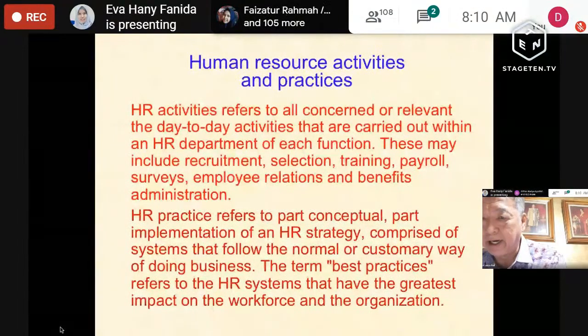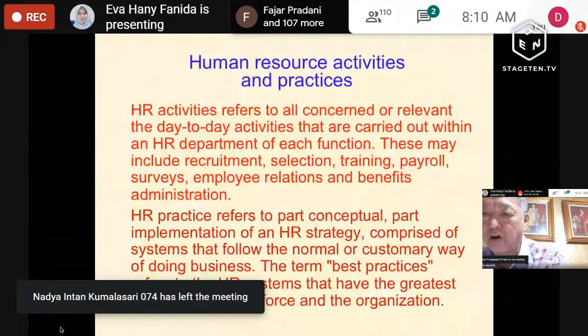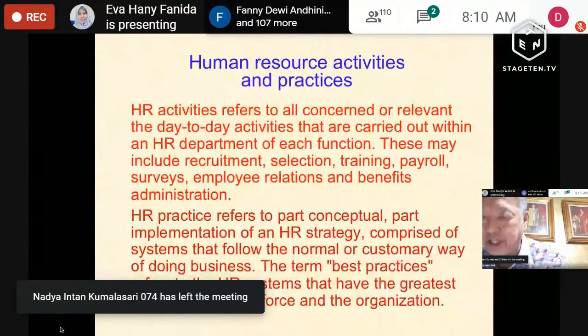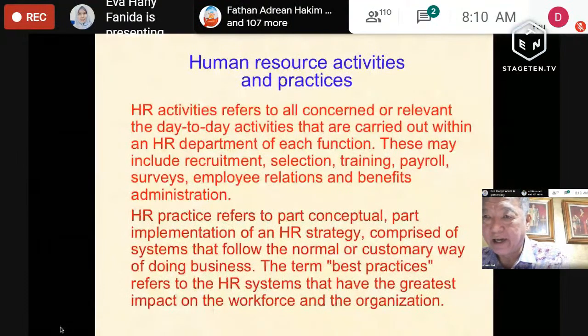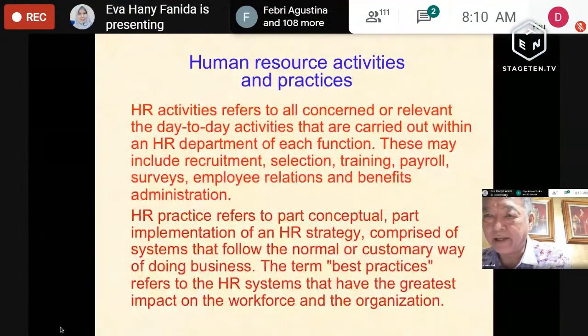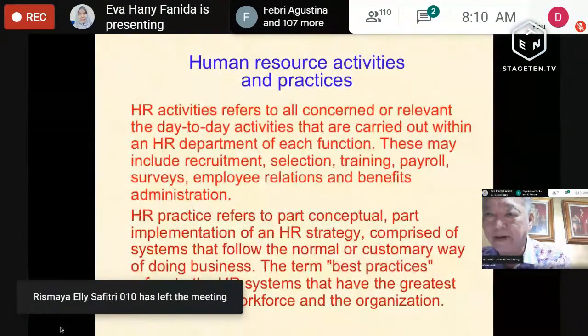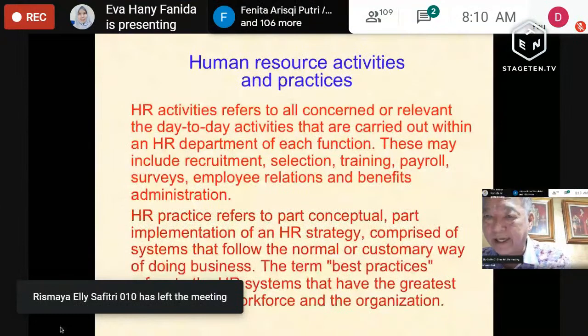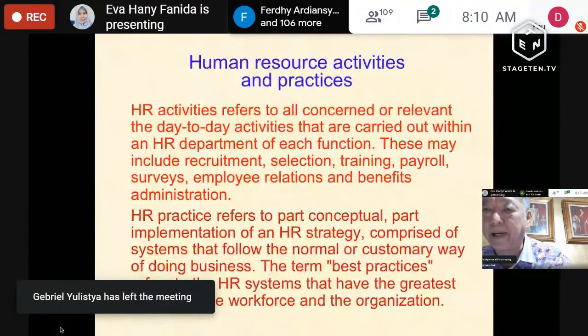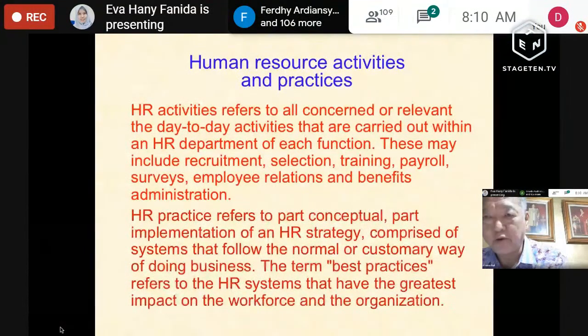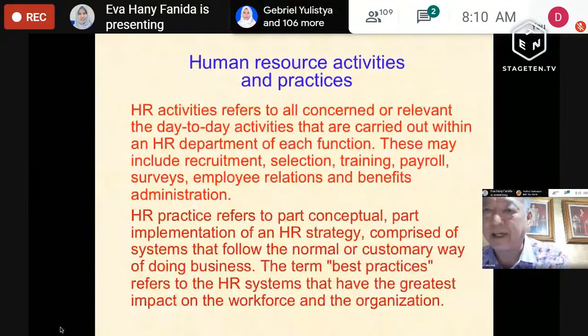So the term best practice refers to the HR systems that have the greatest impact on the workforce and the organization. So every organization, if they are expert and they implement the strategy, they might have some HR practices that are well known to other companies or organizations. So that we call good practice, best practice, something like that.